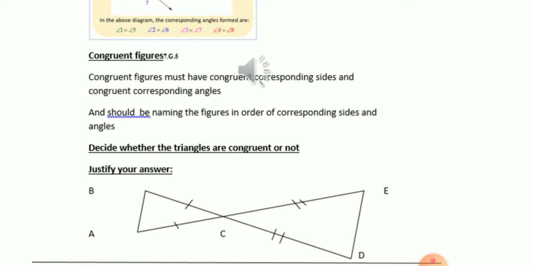No. Is the measure of angle CAB equal to the measure of angle CDE? No. So they are not congruent. Justify your answer because the opposite sides and the opposite angles are not equal in length and not equal in measure.